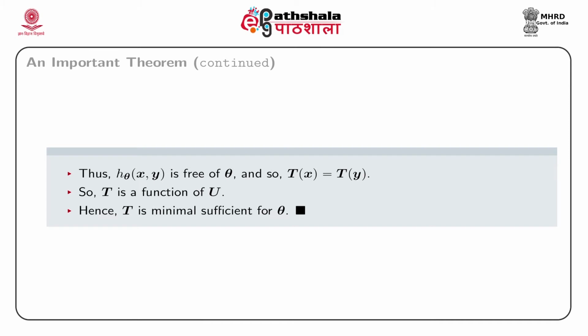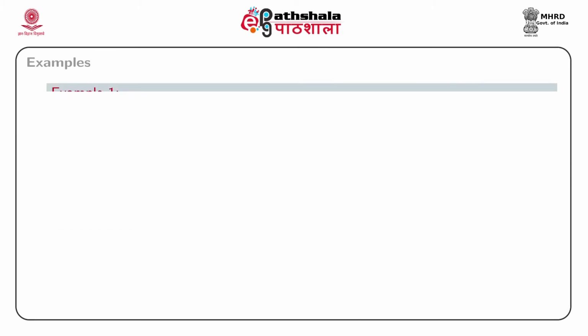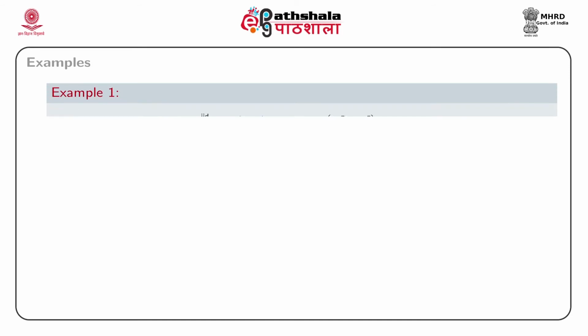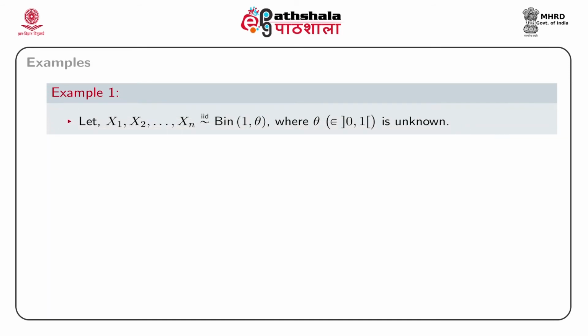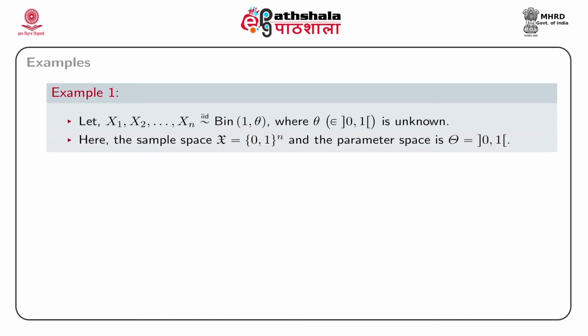To get a clear idea, let us consider some examples. In example 1, suppose x1, x2 up to xn are IID Bernoulli variables with parameter p, where p is unknown, p belongs to the interval (0,1). Here, script X is a set containing only 2 points 0 and 1, theta equals p, and script Theta is an open interval (0,1).